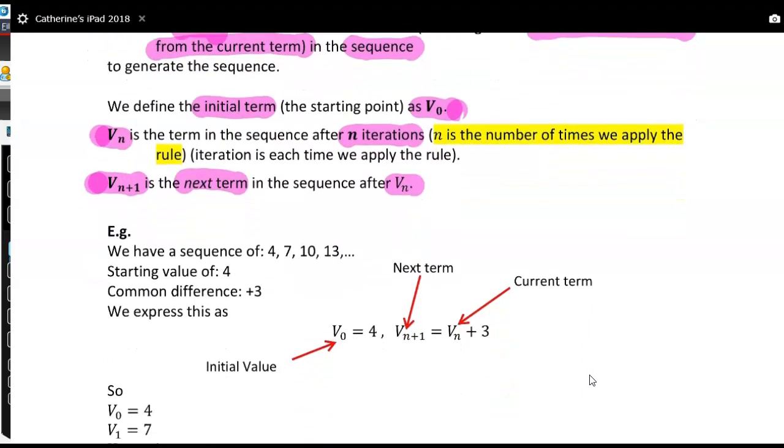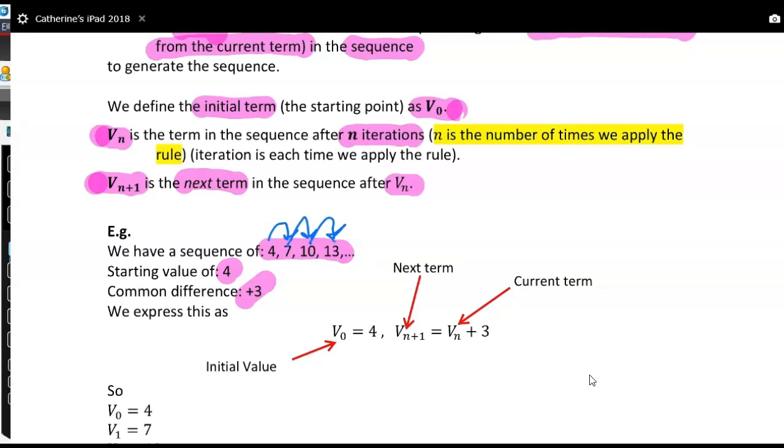So we have our sequence, 4, 7, 10, 13. Starting value of 4. Our common difference, you might remember that from last year, is plus 3. It's going up by an even amount of 3 each time.